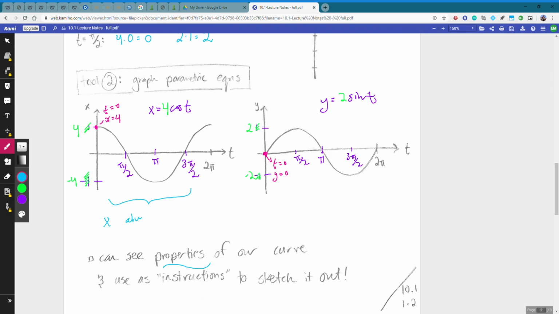And similarly, looking over here at our graph for y, the values for our curve are always in the range from -2 up to 2. So y is always between -2 and 2.